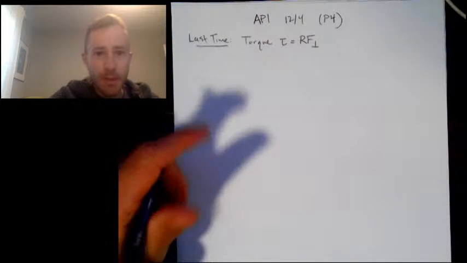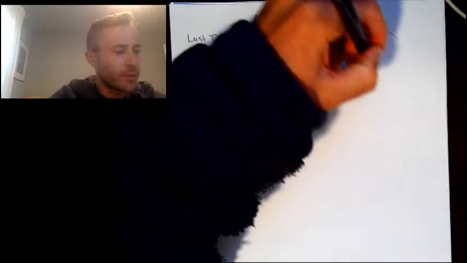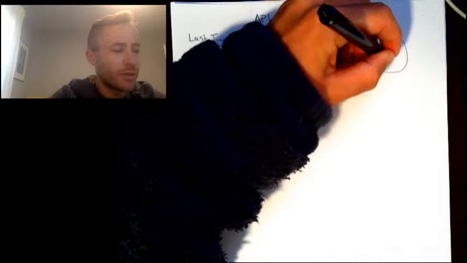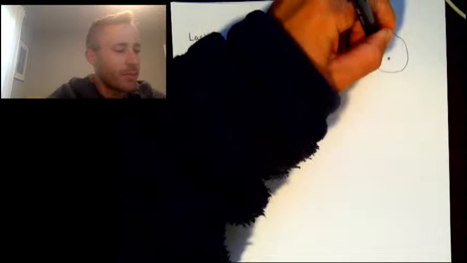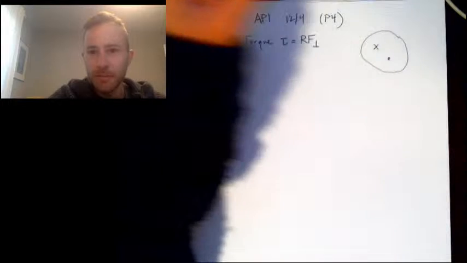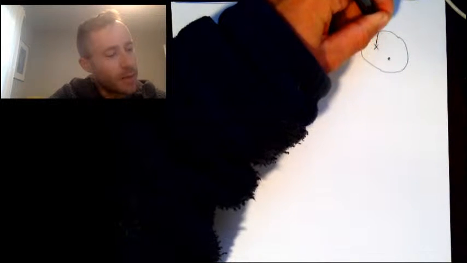All right? The picture you want to have in your head is you have some blob, and the blob has a pivot point. And there's some location on the blob, for example, maybe right here, where a force is being applied.